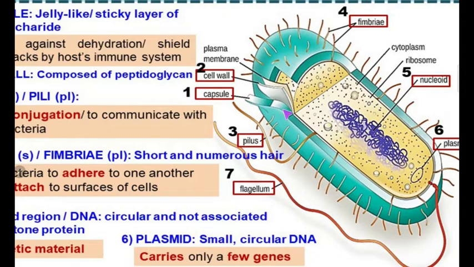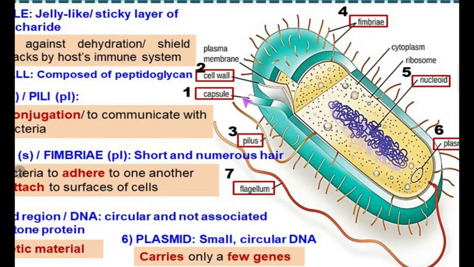This structure is a greenish blue color. It is the outermost layer of some bacteria. The capsule functions to protect the bacteria from the host immune system. For the second layer after the capsule, the silver color here, it is the cell wall of the bacteria.